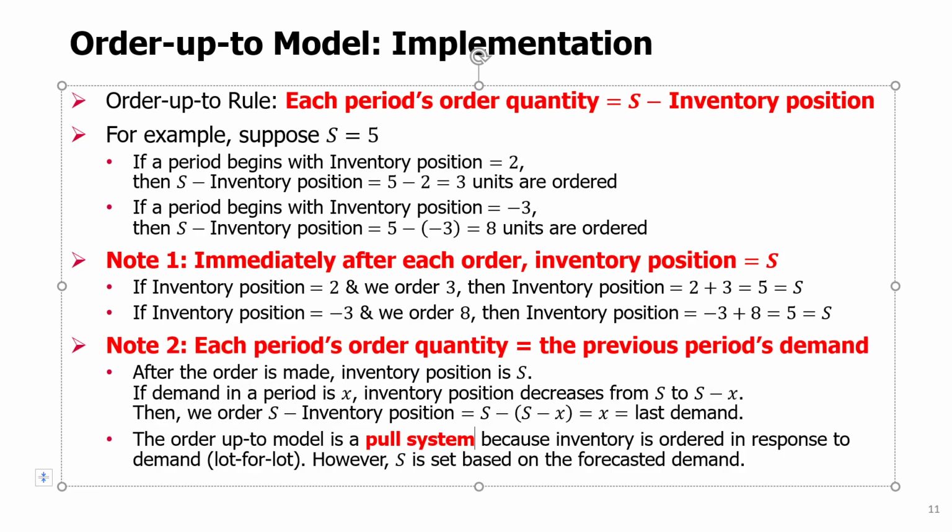So this is a kind of pull system because we order exactly the amount that we experience the demand for, and in this sense, inventory serves just as a decoupling buffer. However, S is of course set based on the forecast of the demand. So the order up to level will be decided based on the forecasted demand.